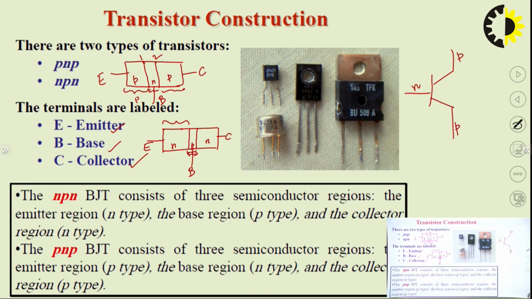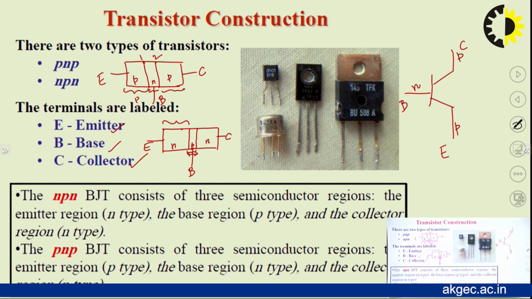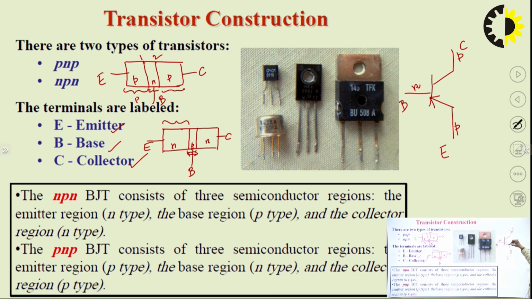So this is my base, this is my collector, and this is my emitter. Since current flows from positive to negative, if I put the arrow from P to N type, this is my symbol for PNP transistor, right?